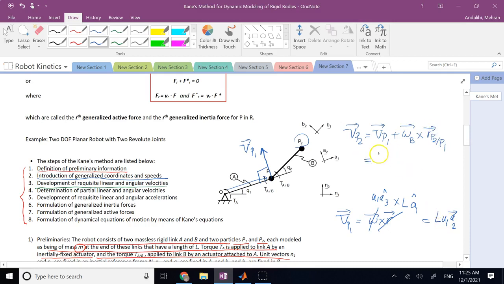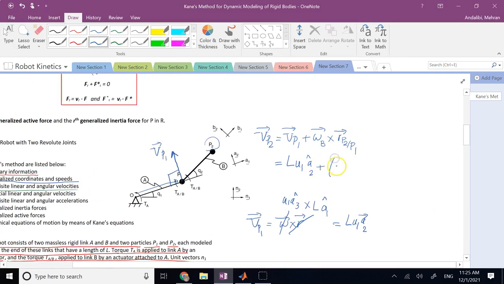V of P1 is already LU1A2. Omega of rigid body B, as we found it, is U1 plus U2 times B3. Cross, what is R? The R is this vector, so there's also L in the direction of B1.